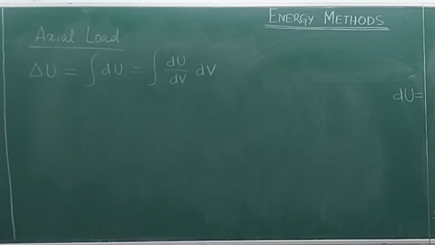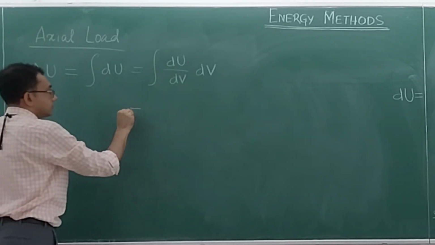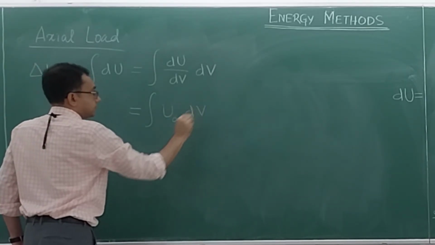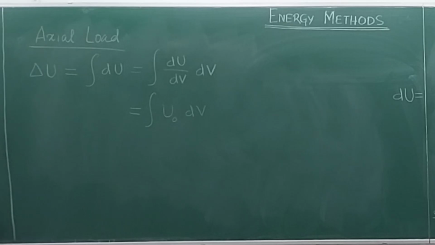Okay, dU dV is equal to u naught, and u naught is equal to either half sigma xx epsilon xx or half tau xy gamma xy, as we have just proved.